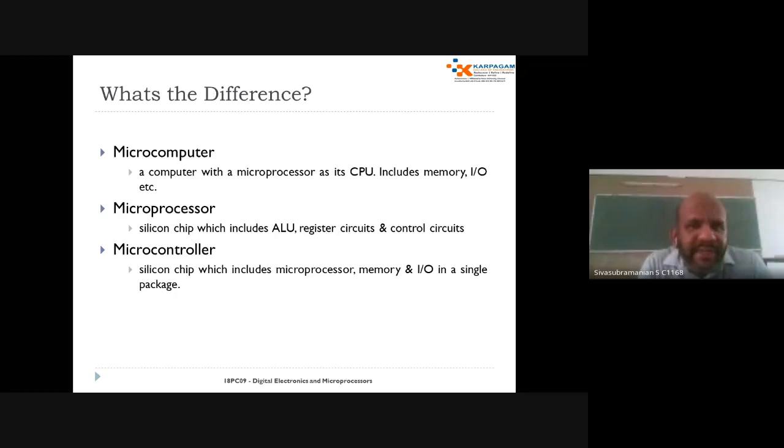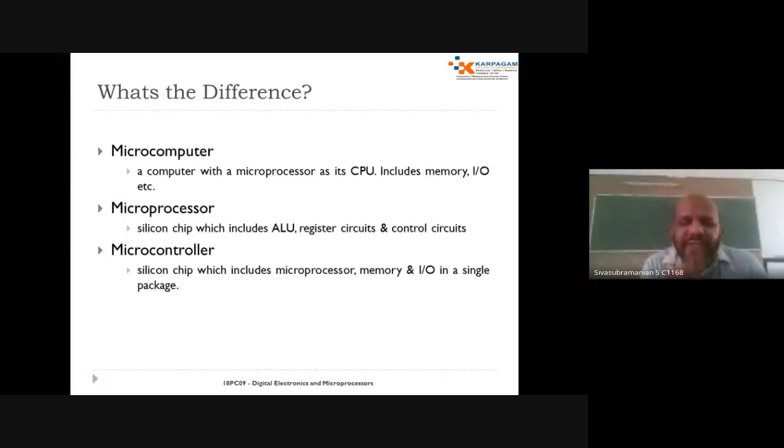Memory comes as an additional peripheral; it is not built in internally. When you come to a microcontroller, it is again a silicon chip, but that chip has a microprocessor, memory, and I/O devices. Memory, which is not available inbuilt on a microprocessor, is now inbuilt in your microcontroller. Your memory and your I/O are all in a single silicon package, available as a chip as far as a microcontroller is concerned.